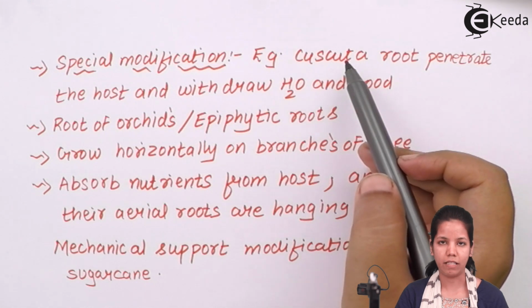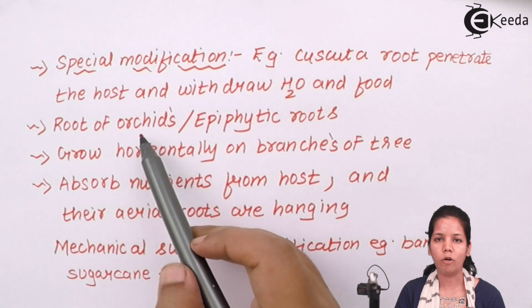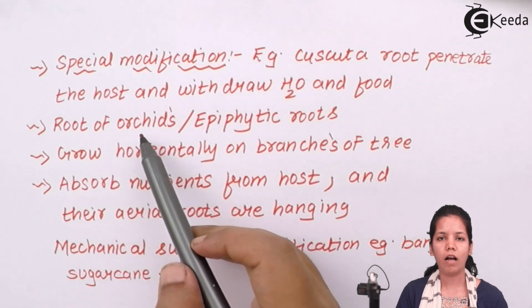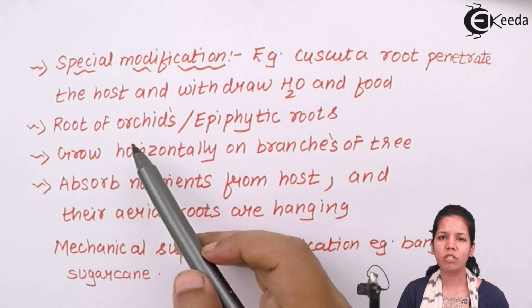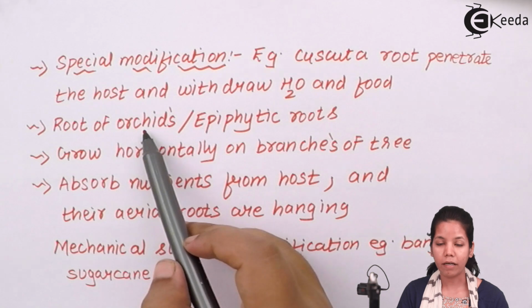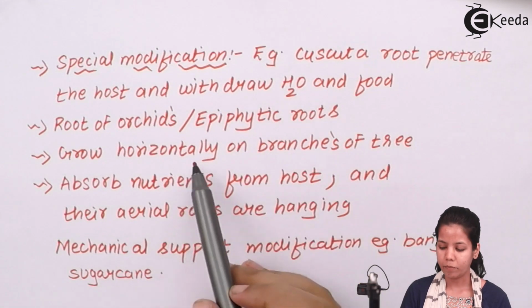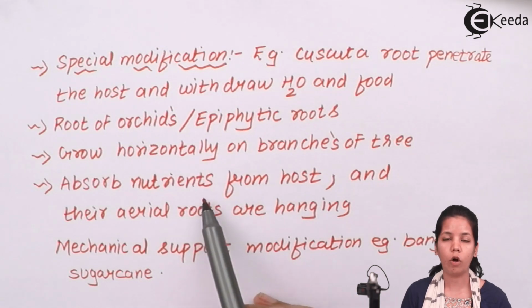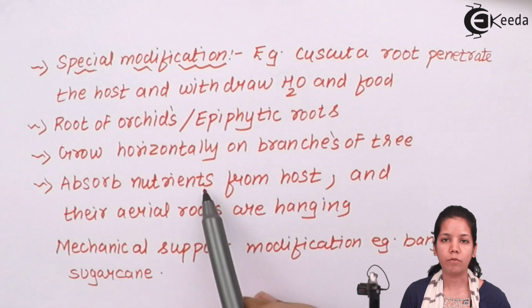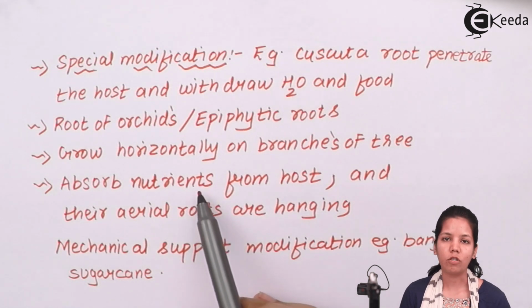Similarly, in certain orchids, we all have seen mango plant, and sometimes on mango plants, especially the branches of the mango, there are certain plants which are leafy and they grow on the branches of that mango plant. These are nothing but orchids or epiphytic roots. Now orchids basically grow horizontally on the tree surfaces, and while growing horizontally on the tree surfaces they absorb nutrition and water from the branches of that tree.